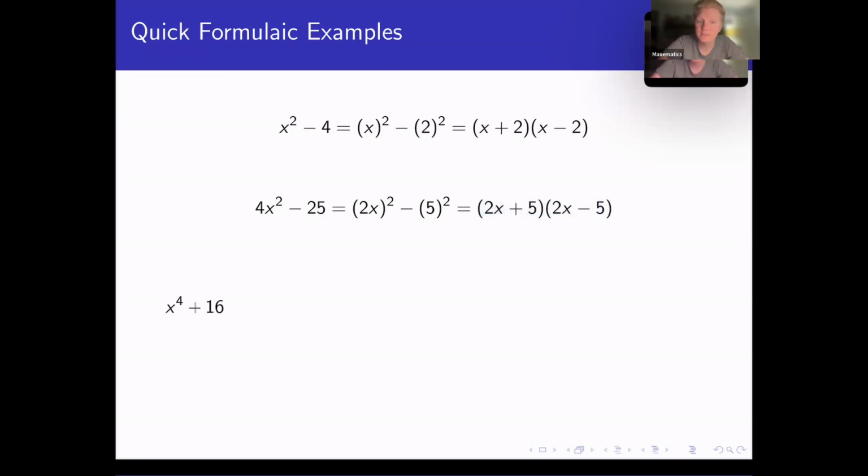x⁴ - 16. All right, well, this is kind of weird looking, but x⁴ is like (x²)². Ooh, using rules of exponents. And 16 is 4². Okay, well, this is, again, a² - b². So (a + b)(a - b), but we're not done because x² - 4, oh, we had that all the way up here.